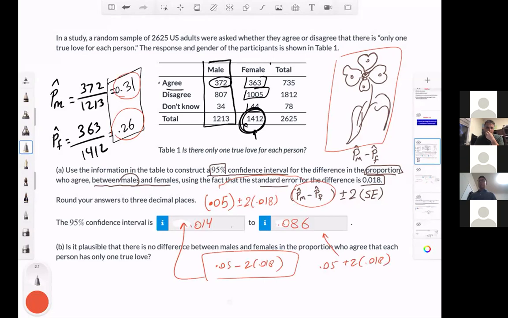Wait, so the standard error is 0.05? No, the difference. This one minus that one. You take male, subtract the female, and you get 0.05. Very good.